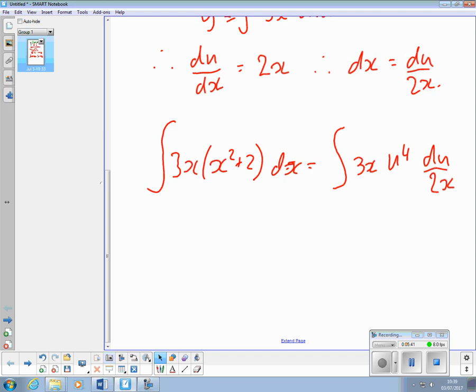What normally do we do with constants? Take them outside. So we got a 3 and we got a divide by 2. We got a half. So we can bring 3 over 2 outside the integral. Is there anything else you can see that we could do?